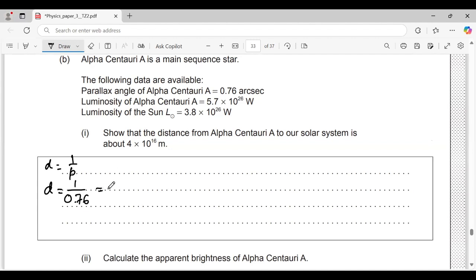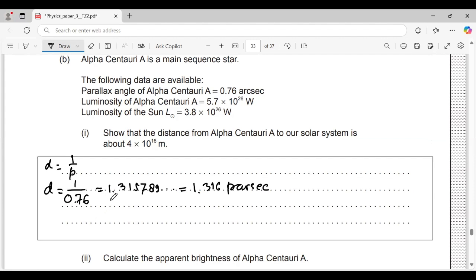If you calculate, the result is 1.315789. The unit is parsec. I would like to round off to 1.316 parsec.